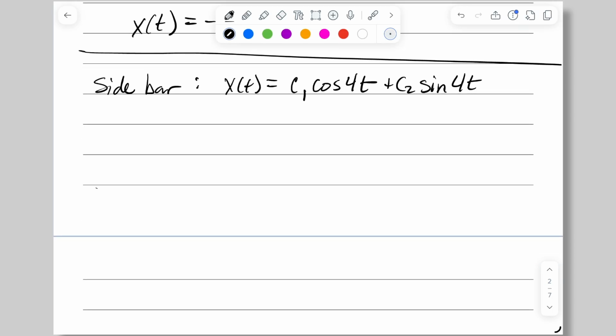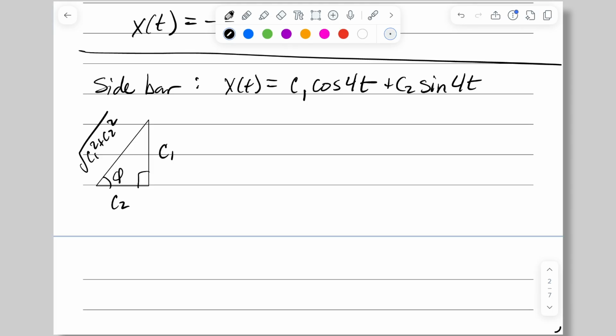Suppose we create a right triangle, and the right triangle has its vertical side c1, its horizontal side c2, and the bottom acute angle we're going to call phi. The hypotenuse, as you know, is the square root of c1 squared plus c2 squared.